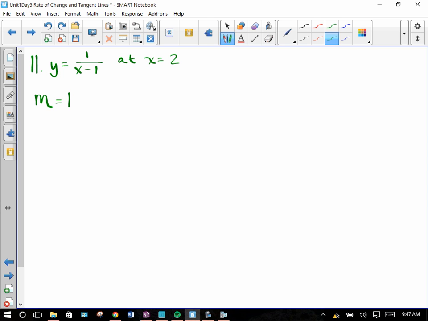Slope is equal to the limit as h approaches 0 of f of a plus h, which is 2 plus h, minus f of 2, all over h.